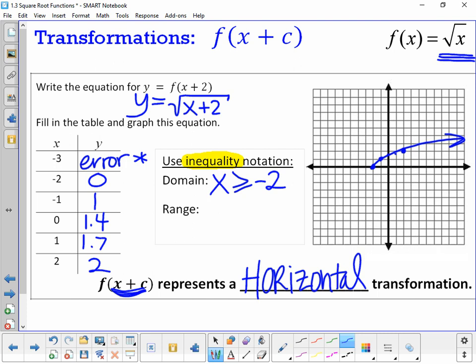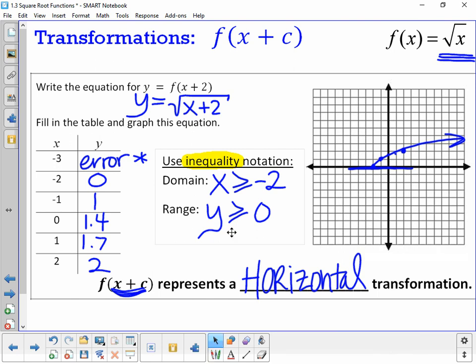And the range, this is a y value, remember. The very lowest value is here at 0, so the y has to be greater than or equal to 0. So there's the domain and the range of that.